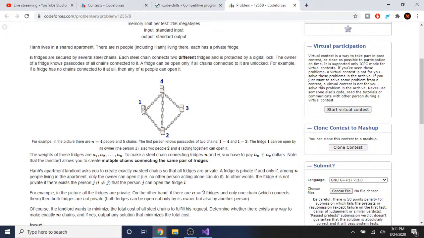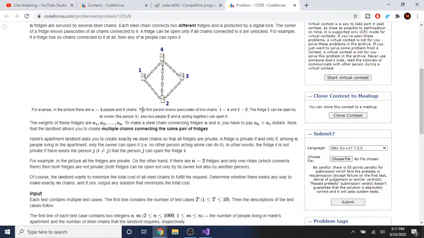So the fridge can only be opened if all chains connected to it are unlocked. So we want to create, is it possible to create M chains so that all fridges are private? And a fridge is private if among N people living in the apartment, only the owner can open it. So no other person can open it.